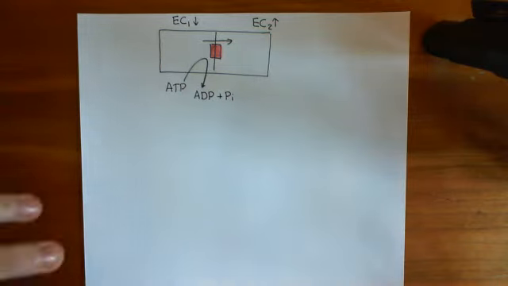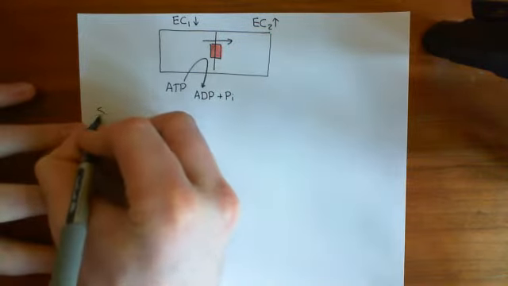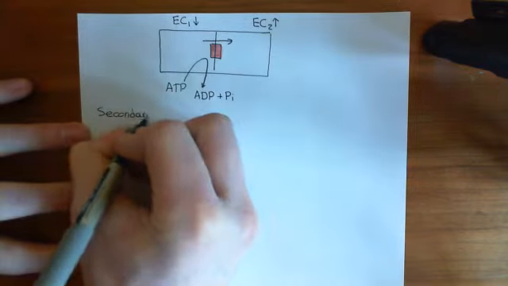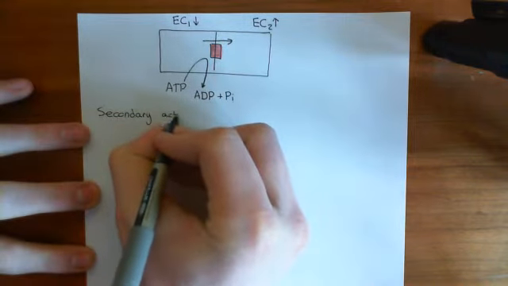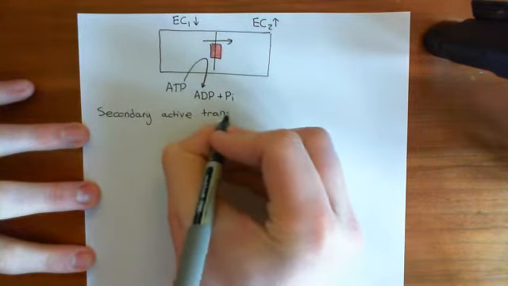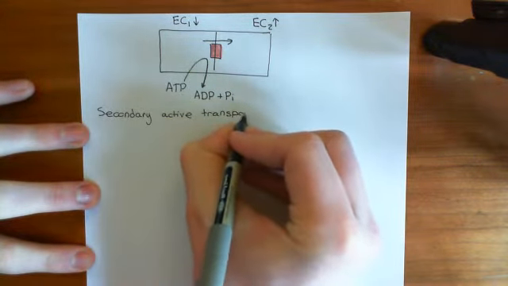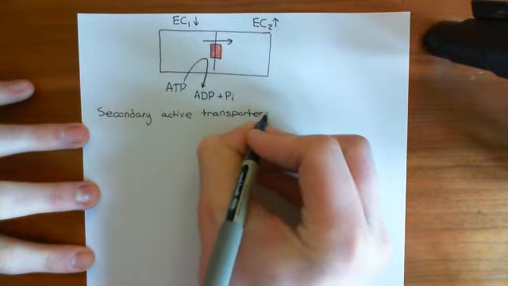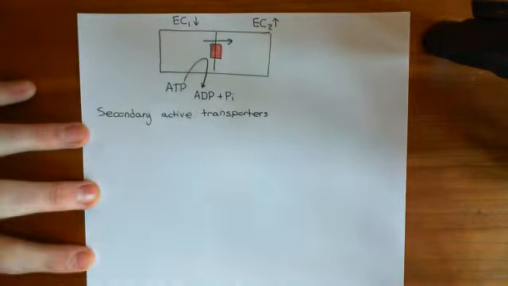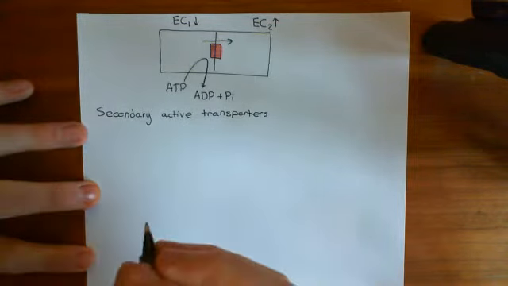Now let's contrast that to secondary active transporters. The idea with secondary active transporters is that again, you will move a solute molecule up its electrochemical gradient, but the way that you'll get the energy to do this is by moving another solute molecule at the same time down its electrochemical gradient.